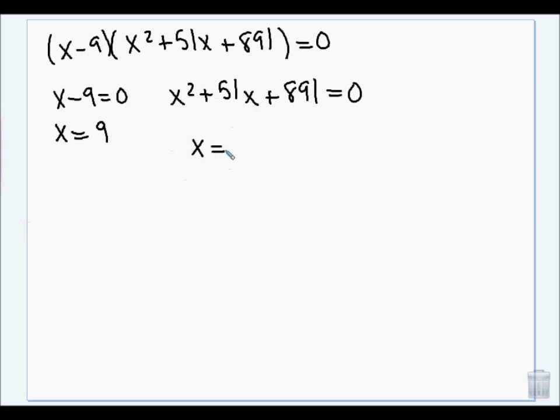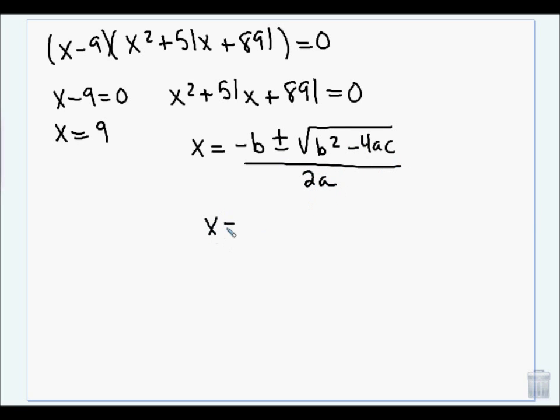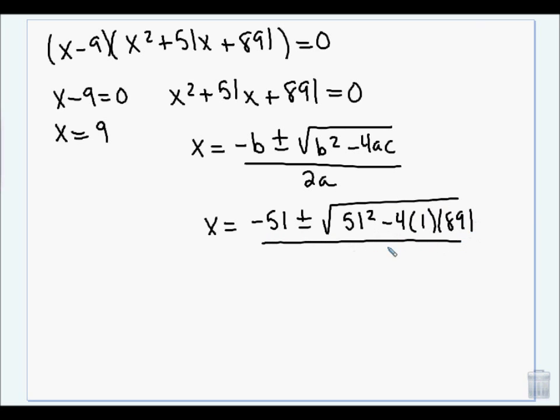So here we have x equals negative b plus or minus the square root of b squared minus 4ac all over 2a. So negative 51 plus or minus the square root of 51 squared minus 4 times 1 times 891 over 2 times 1.